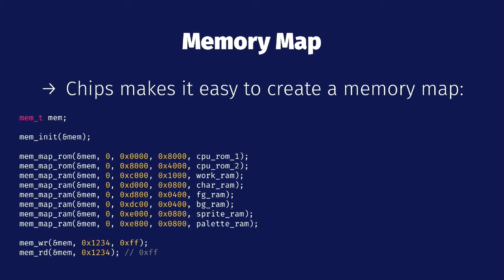And then the CPU-ROM 2, and so on. And the last two lines there show you the API for reading and writing from that map to memory. So for example, if we want to write to address 1234 with the byte FF, that's how we would do it. And if we want to read it out, the same. And the memory mapping data structure will make sure that that read happens at one of those particular memory devices.